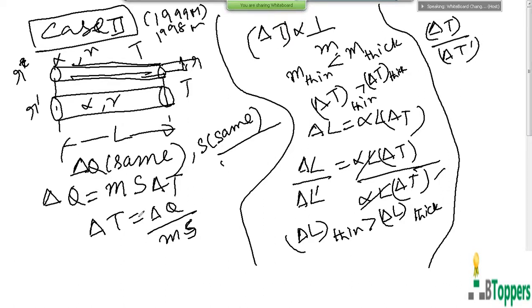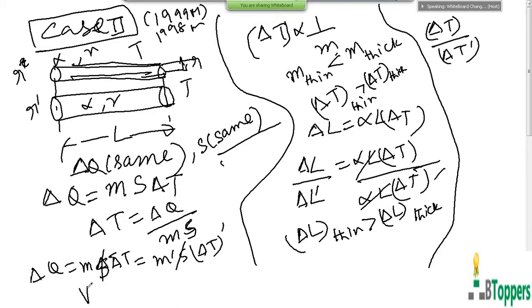Because delta Q is the same, I can write delta Q for the first rod as m S delta T. So delta Q for the second rod is m dash S into delta T dash. M dash is the mass of the second rod.